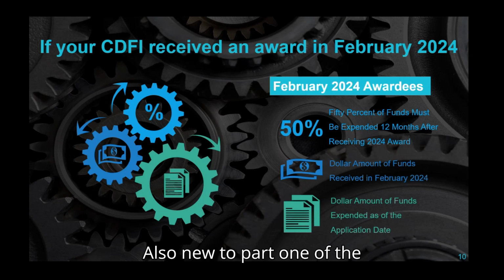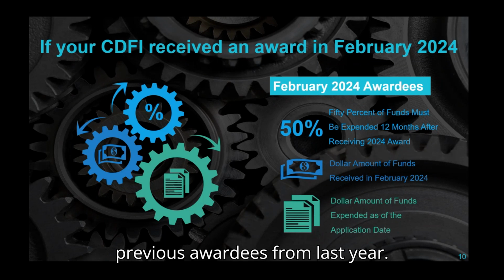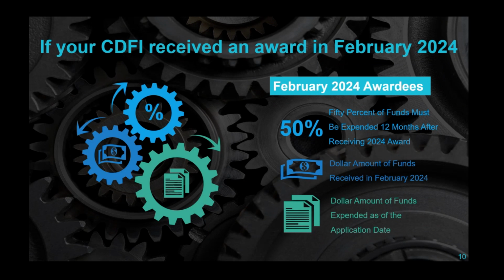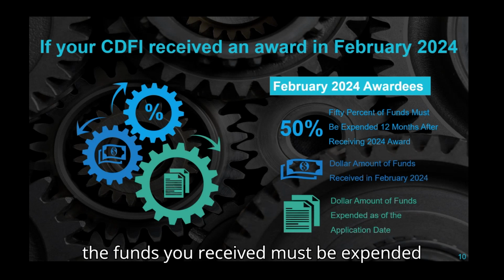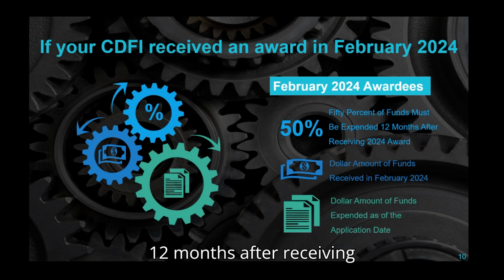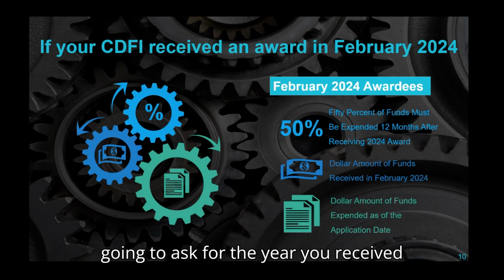Also new to Part 1 of the 2024-2025 application for previous awardees from last year. Please remember that 50% of the funds you receive must be expended 12 months after receiving that 2024 award. So we're going to ask for the year you received that award.